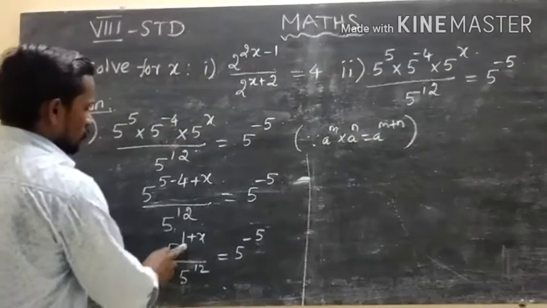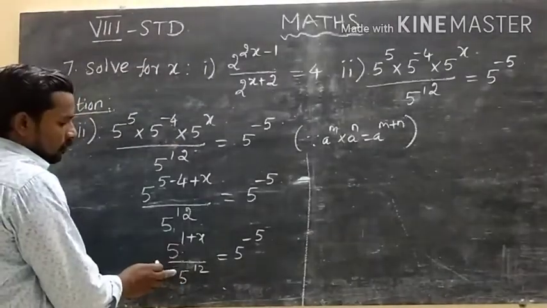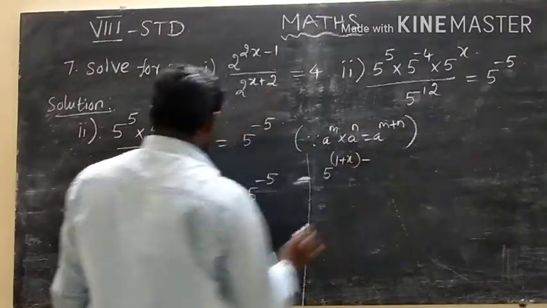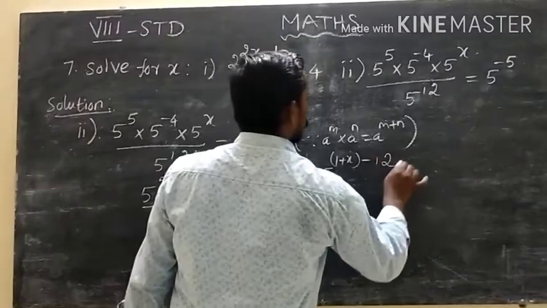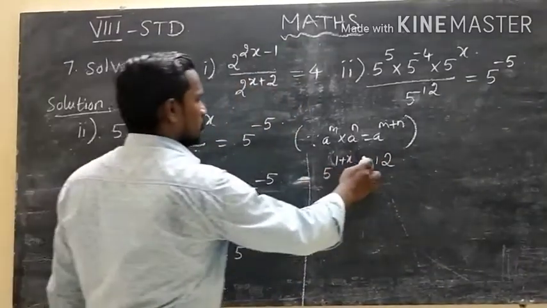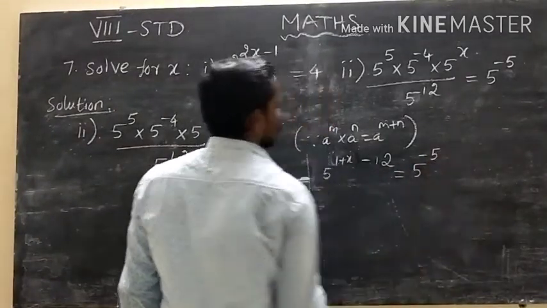Then using the exponential quotient rule, this is 5 power 1 plus x minus 12, equal to 5 power minus 5.